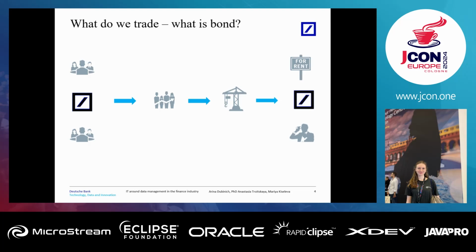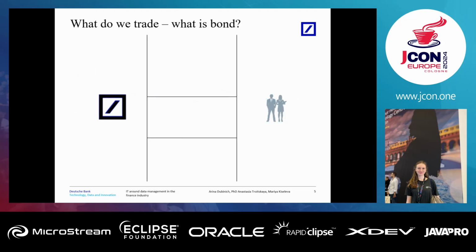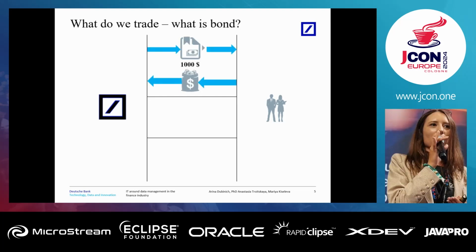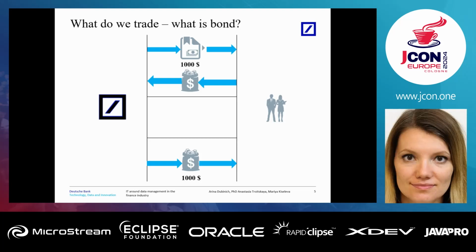The way I can get the money is the following. I can issue a paper on which it is going to be written $1,000. And in exchange, an investor will give me the real $1,000. Additionally to that, I will write on this paper that in 5 years, I will return this $1,000 back to the investor.